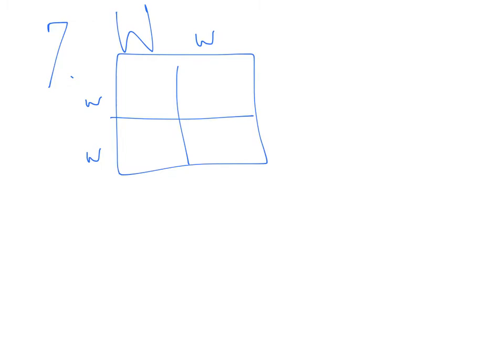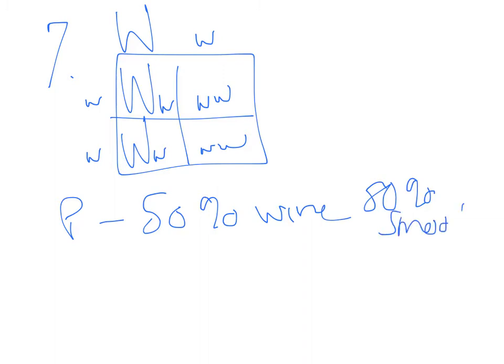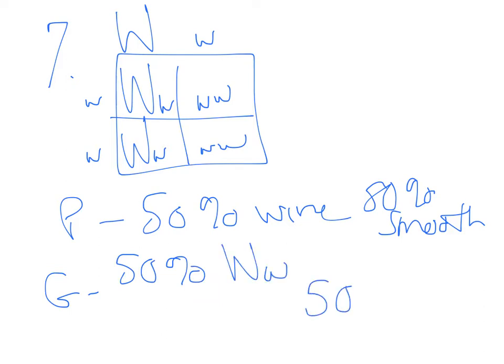So what are the phenotypes and genotypes of the puppies they can produce? There you go. So which one was asked first? Phenotype, 50% wire and 50% smooth. Sorry, my handwriting's messy. And genotype percent would be 50-50 as well. 50% big W, little w, 50% little w, little w.